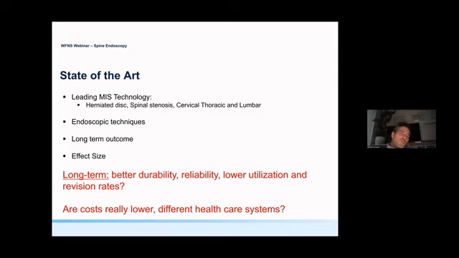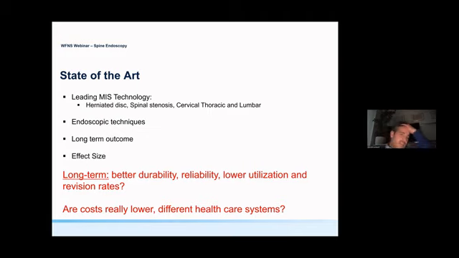Also, and I hope we can discuss this later on, we have to look in the long term: are the results more durable and reliable, and can we get lower revision rates for surgery using those new techniques?